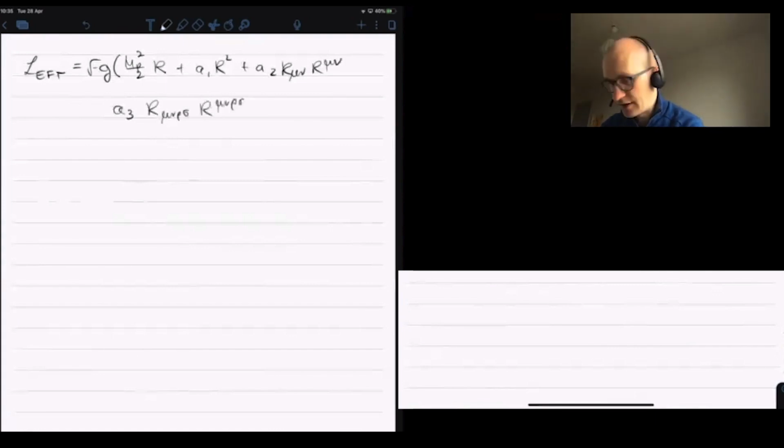And then we have something like curvature cube interactions, which are suppressed. And we also had this derivative interaction, but let me not write it.